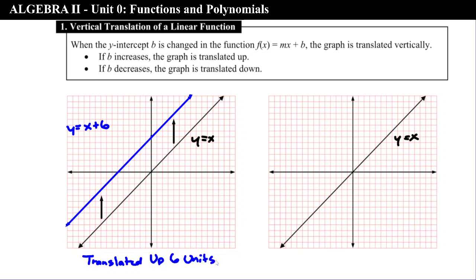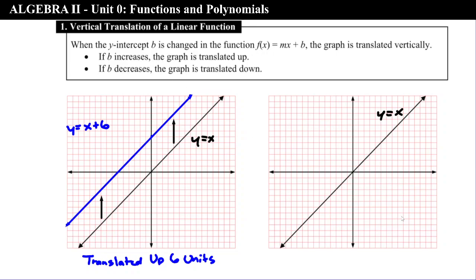Okay, well, let's take a look at another type of function, okay? What if we had, instead of plus 6, what if we had minus 6? So here again we start with our parent function, y equals x, and now let's translate it down by 6.